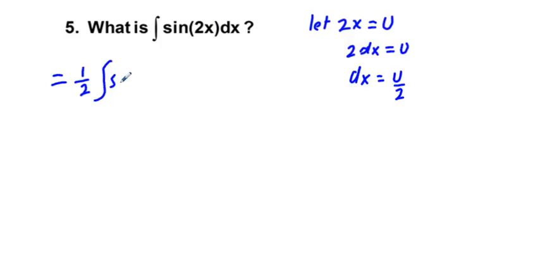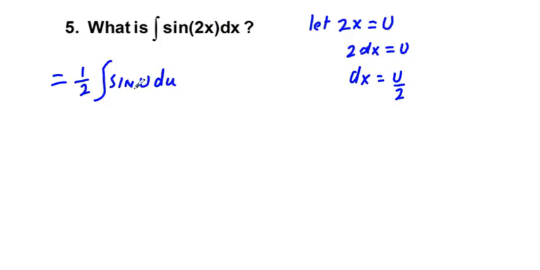And we're going to have sine of u and du out front. So this substitutes everything we had. Now, when you look at the antiderivative, well, the derivative of what gives you sine u?